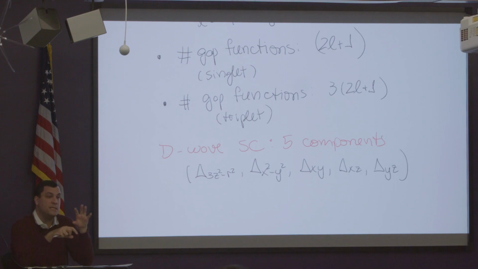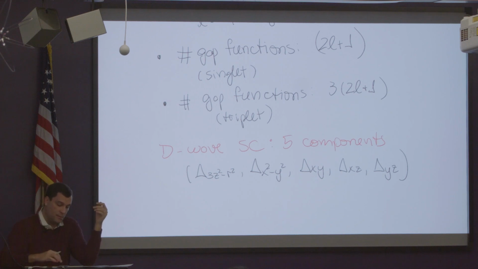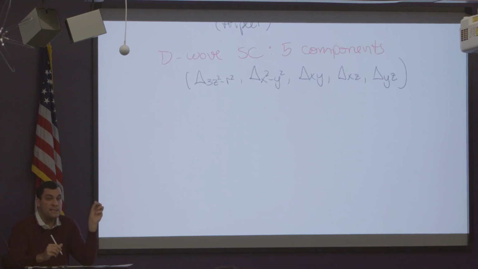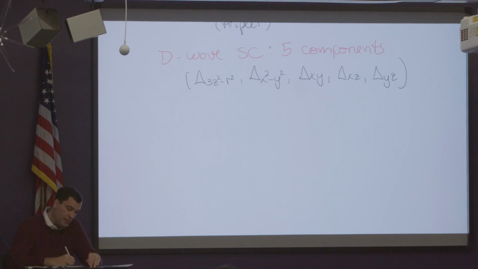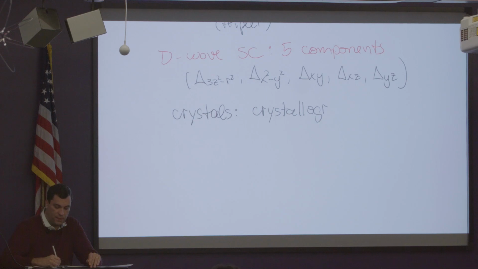Superfluid helium is a little bit separate, it's special. But if you put things on a crystal, you no longer have this rotational symmetry, and these 5 components will split. That's the reason why in real materials, only certain cases you're going to see multi-component. So in crystals, there's something called the crystallographic restriction theorem.